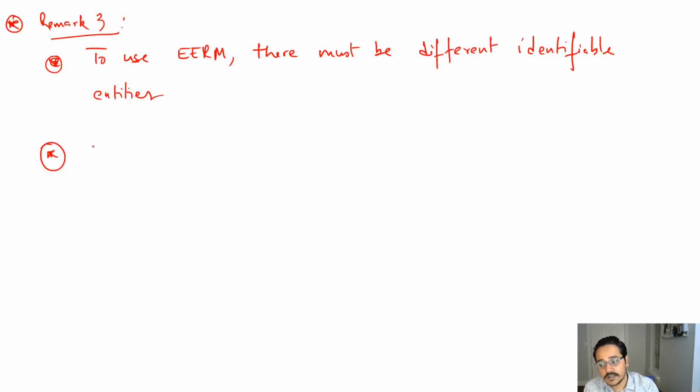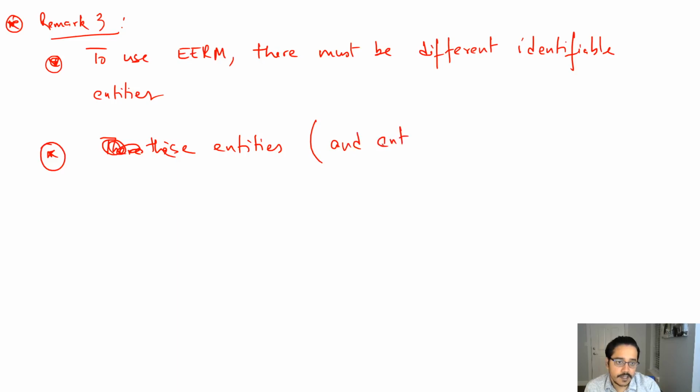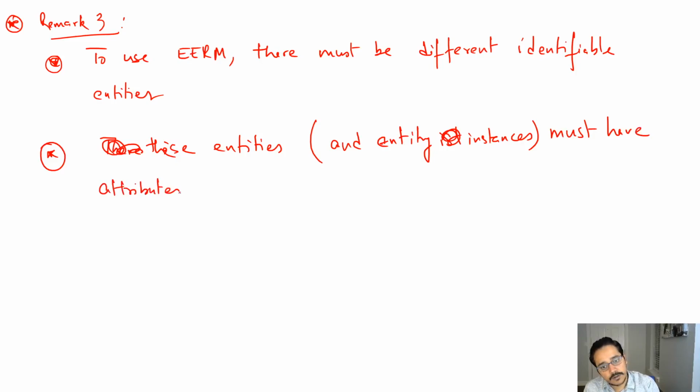And the second case that is important is that these entities, and I'm also going to add entity instances, must have attributes that are unique to them.